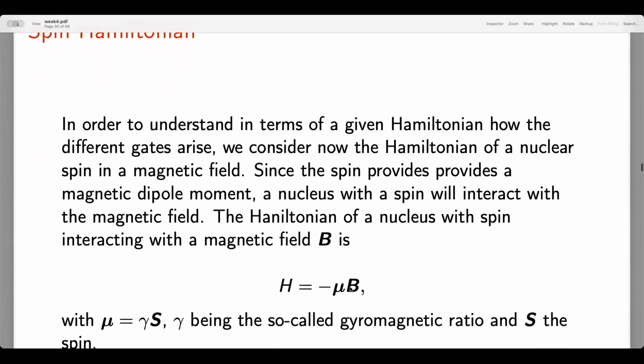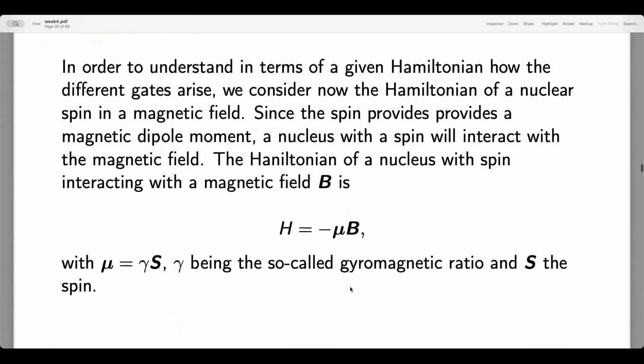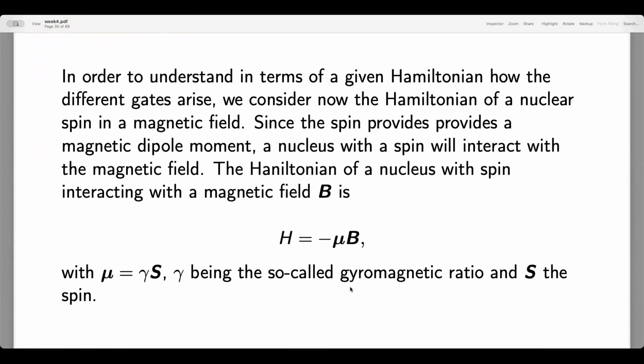So the way you would set this up, and I'm going to just give you some of the basic things before we switch over to the whiteboard. You could think of having this nucleus, which is a spin-half system. It doesn't need to be a spin-half system; it could be a spin-3/2 and so on. The Hamiltonian of a nucleus with spin, which interacts with a magnetic field, is given in terms of this part here, where we have the spin operator.